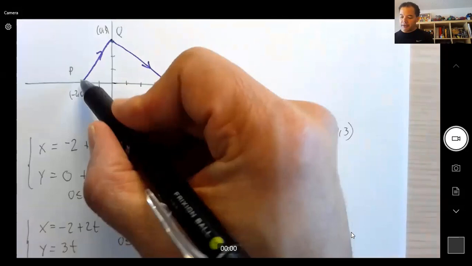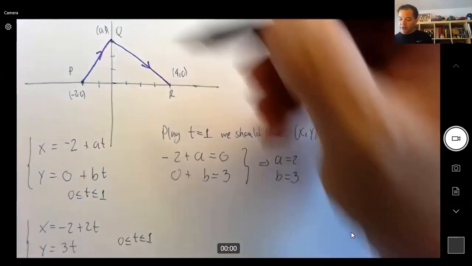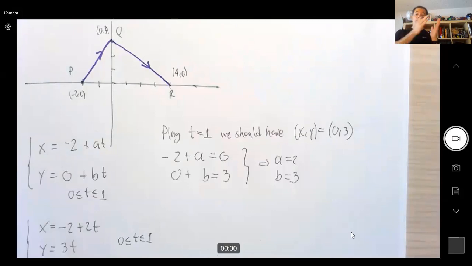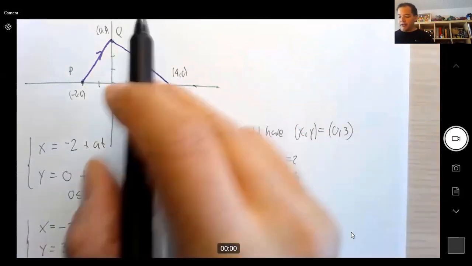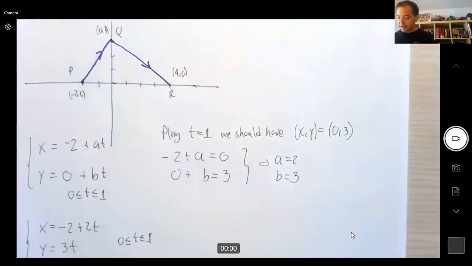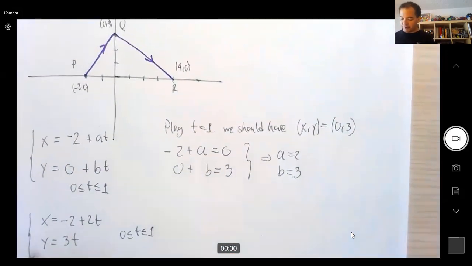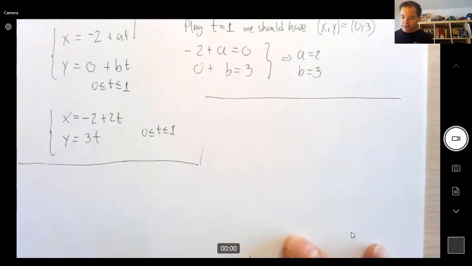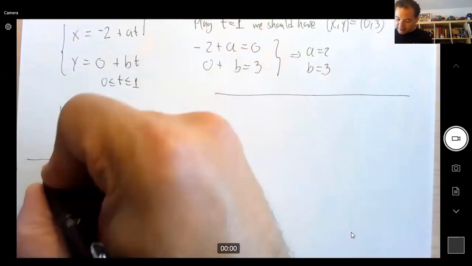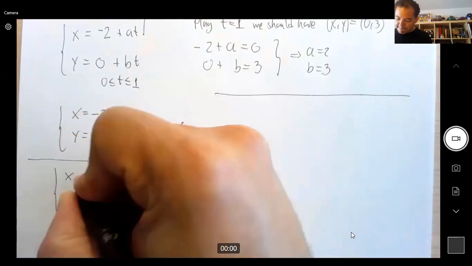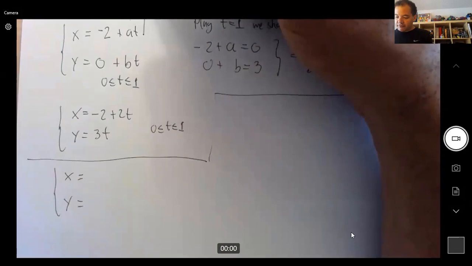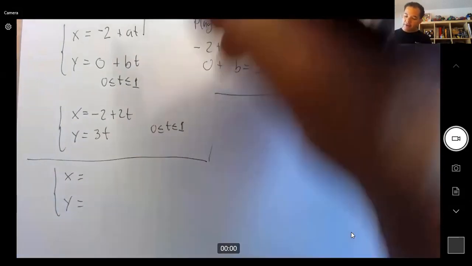That's only going from here to here. Now, how do we go from here to here? And this time we want it to be from 1 second to 2 seconds. So we wanted it to be at 1 second right here. So for the second part, we want x and y to be, and so I cannot use now same as before.